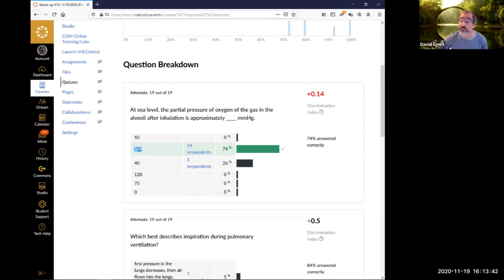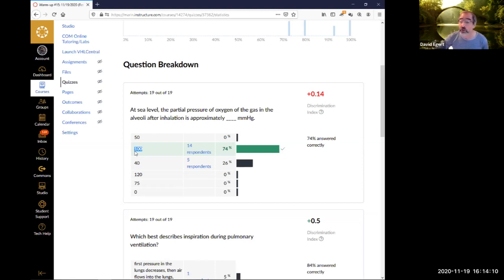We talked about the pressure of just the air, which is about 760 millimeters of mercury. The partial pressure of oxygen is going to be 21% of that, which is around 160 millimeters of mercury. And then by the time you get down into the alveoli, mixing the fresh with the stale air, you're down to about 100 millimeters of mercury.